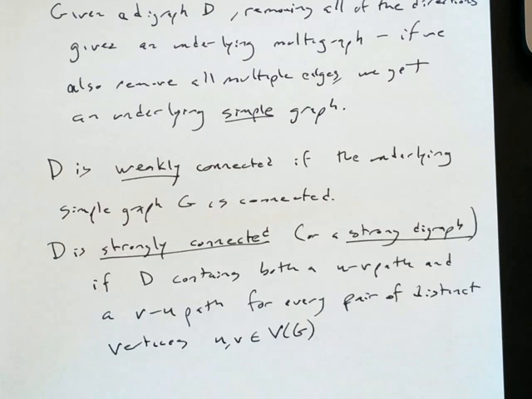A strong digraph, or a strongly connected digraph, is one where I can get from U to V and from V to U. So not only can I get there, I can get back.